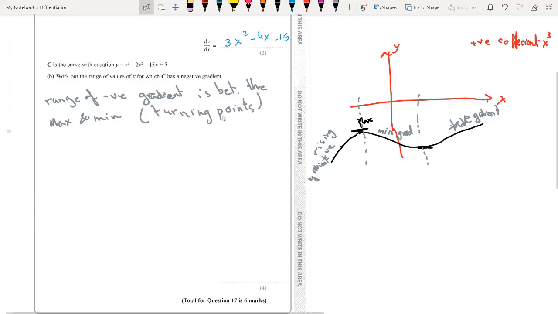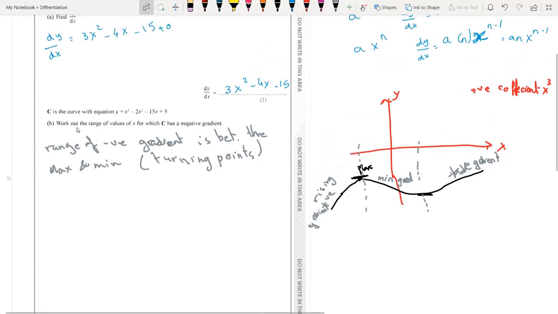So in other words, we need to find the turning points. In order to find the turning points, we just equate the derivative of the curve, which we got in part A, with 0. So 3x squared minus 4x minus 15 is equal to 0.